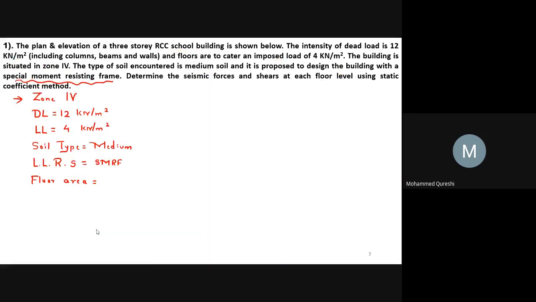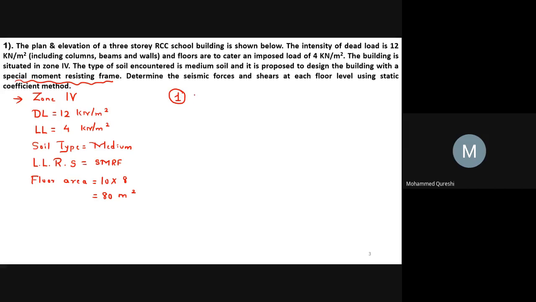So your floor area will be 10 into 8 equals 80 meter square. Now we will go for the first step. Different loading conditions are given in the example, so we have to calculate the total seismic weight of the building, that is capital W.